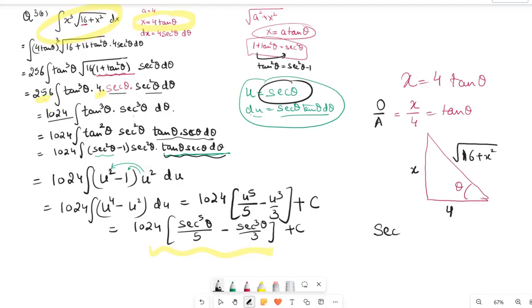You can answer secant theta as reciprocal of cosine theta. That means hypotenuse over adjacent. So that will be square root of 16 plus x squared by 4.